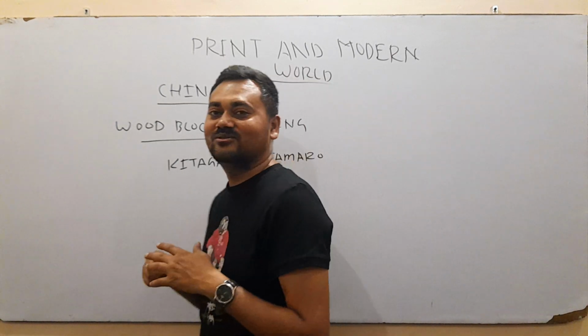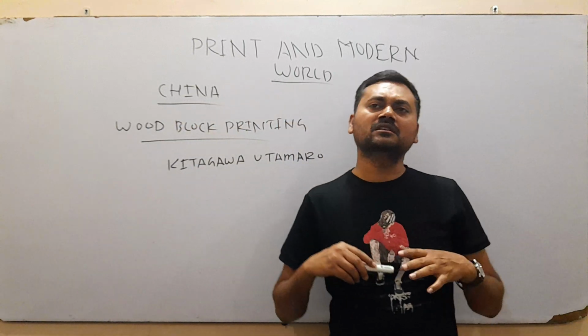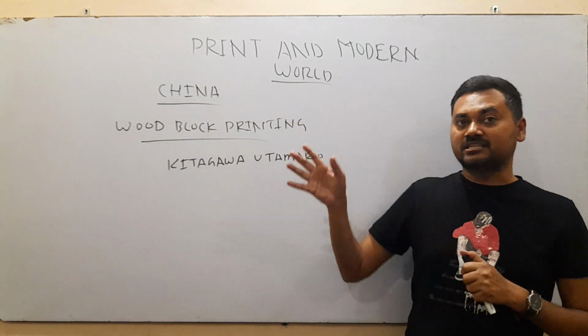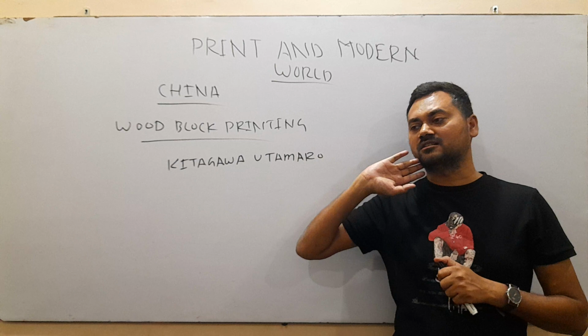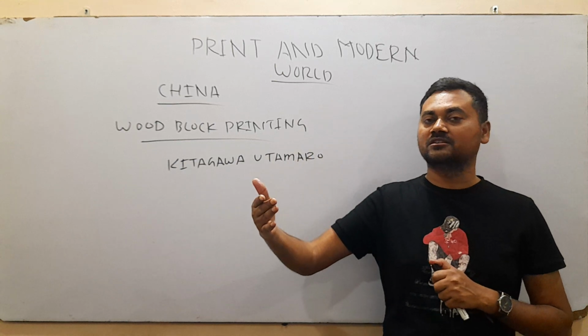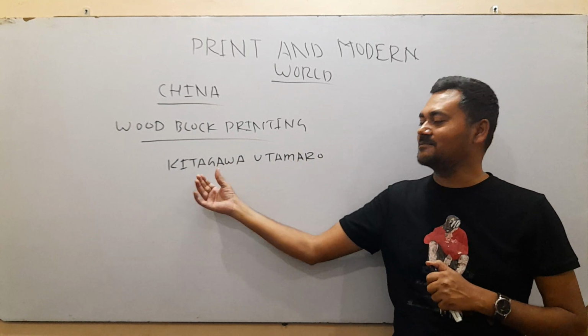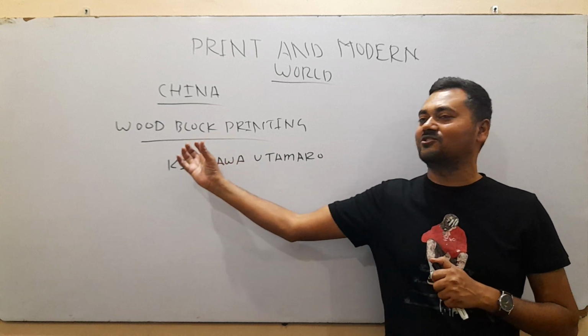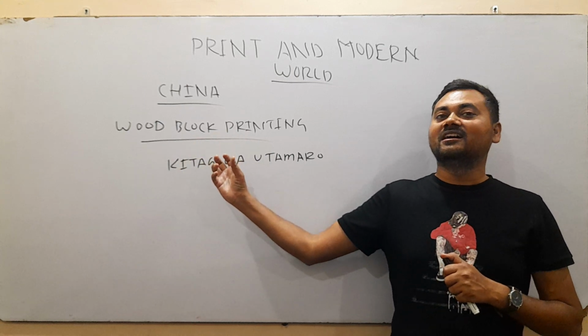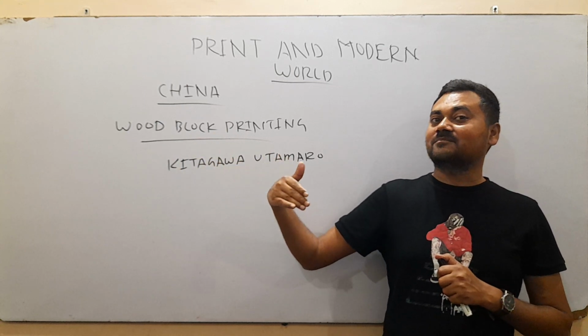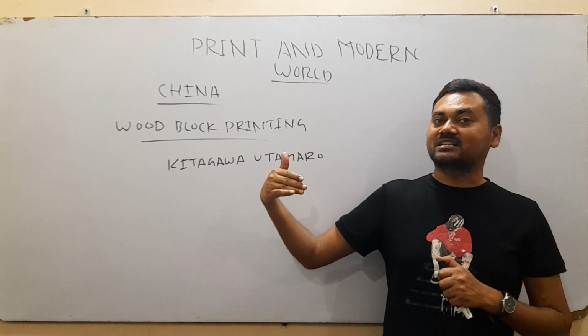Kitagawa Utamaro. He comes very late in the picture, as he belongs to, I think, the 17th or 18th century. But he followed this woodblock printing and also generated paintings of other types.